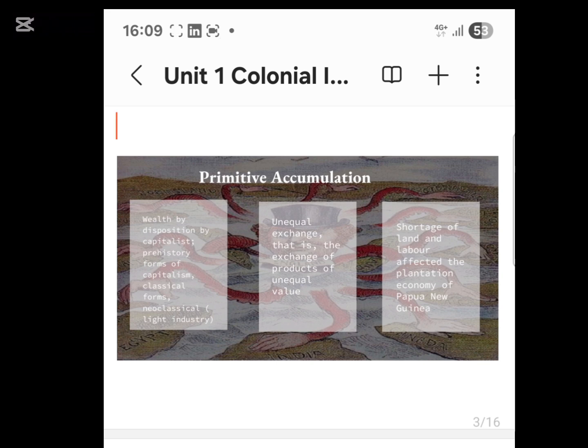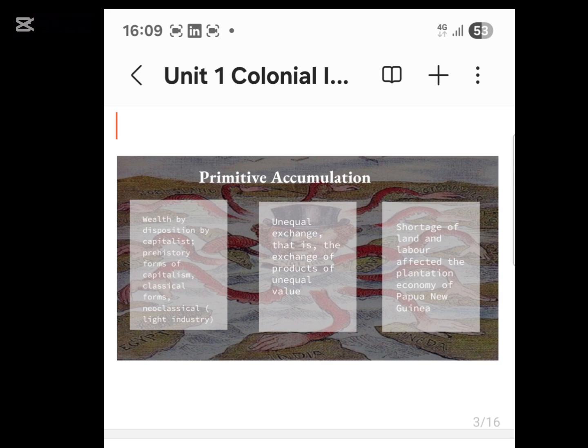Now, that idea leads us to the second point. Primitive accumulation is basically the unequal exchange of goods, of products, the exchange of products of unequal value.